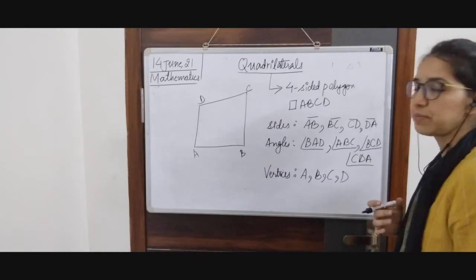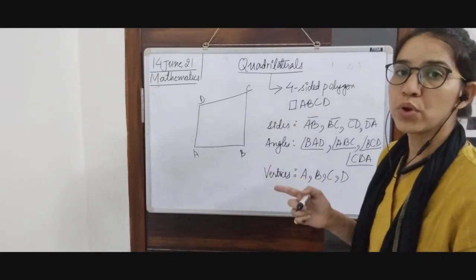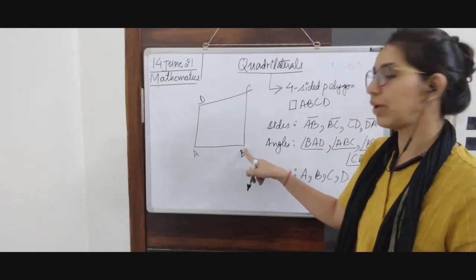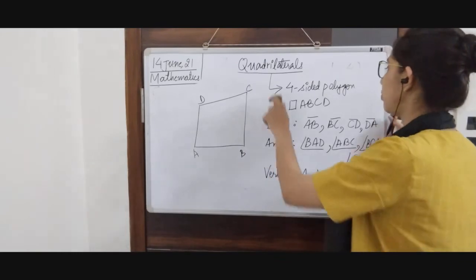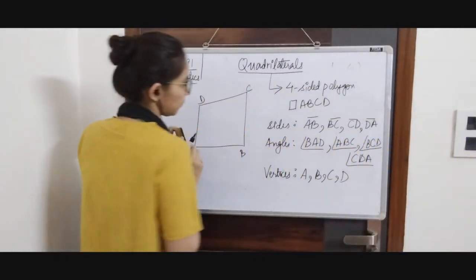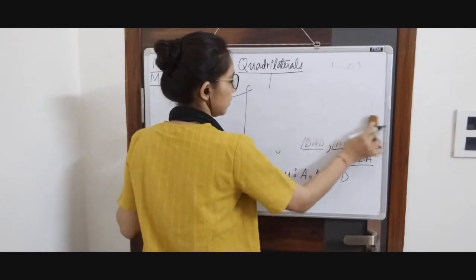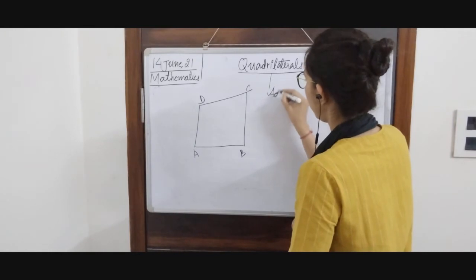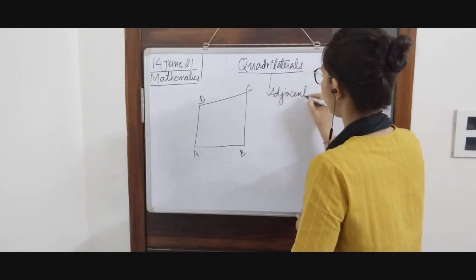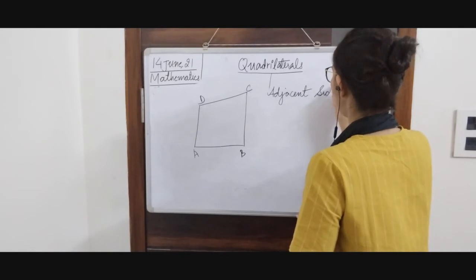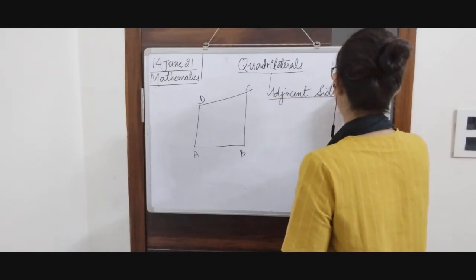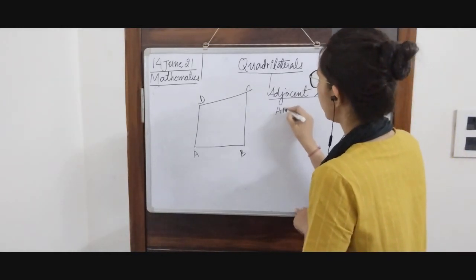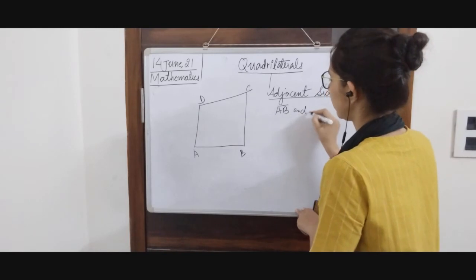As we explained earlier, adjacent sides have one end point in common. Here we will write: adjacent sides are the sides with an end point in common. So the first pair is AB and BC.